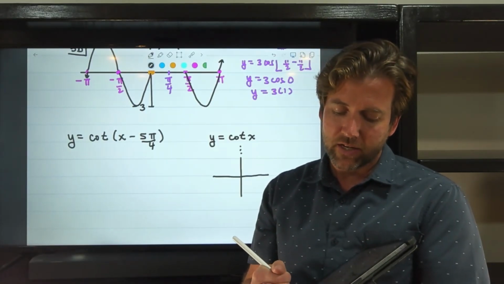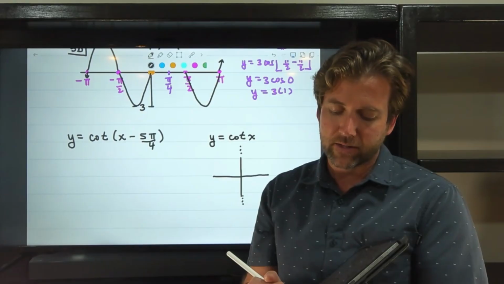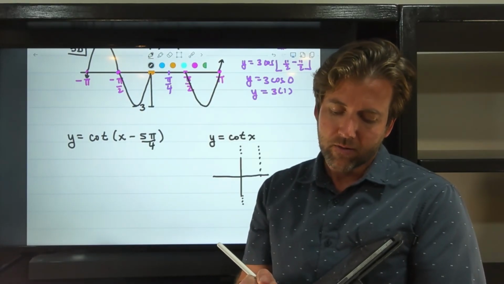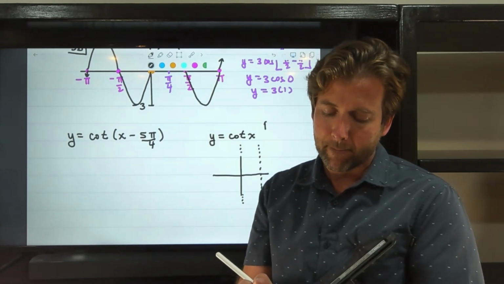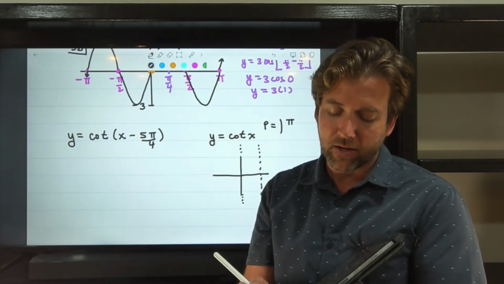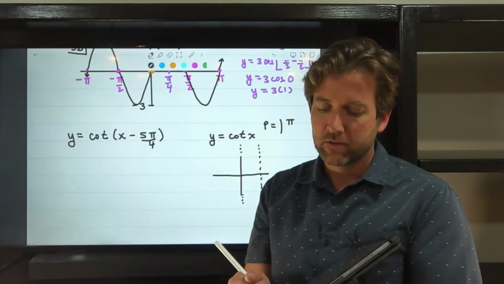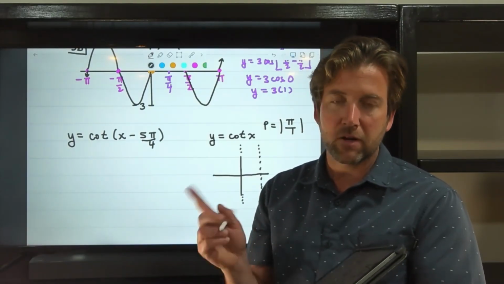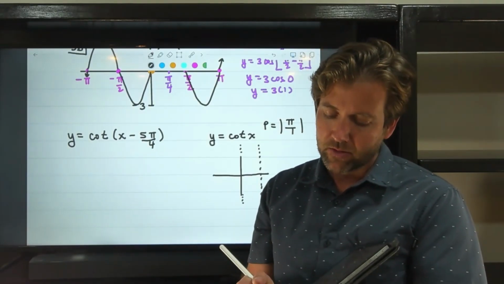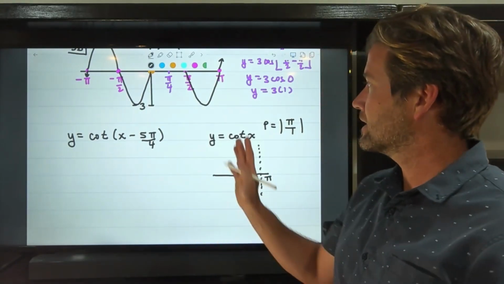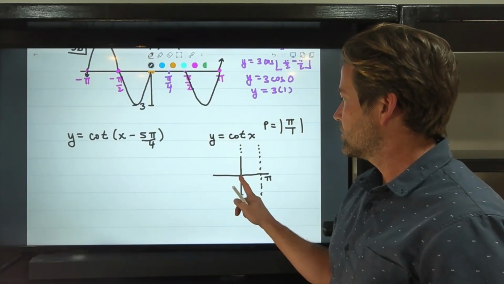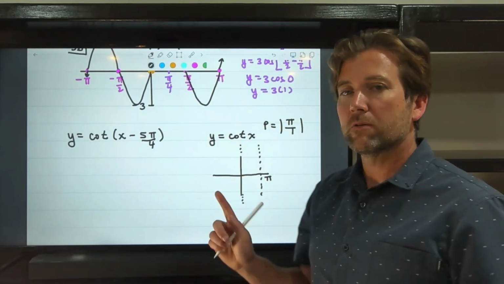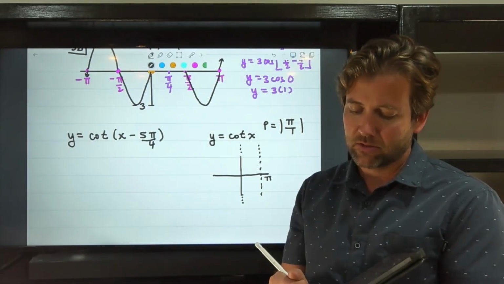So cotangent has a vertical asymptote on the y-axis. And the period for cotangent is actually the absolute value of pi, not 2 pi, but pi, divided by the coefficient of x. So that's pi over 1, which is pi. And unlike secant and cosecant, asymptote to asymptote is a full period for cotangent and tangent.